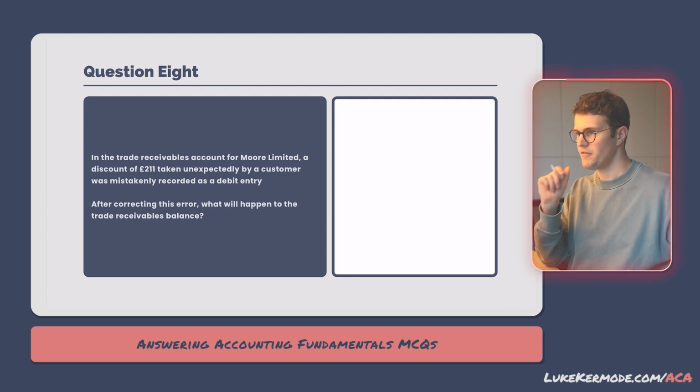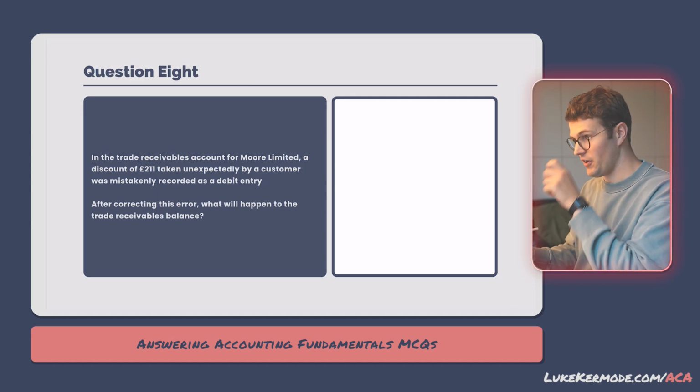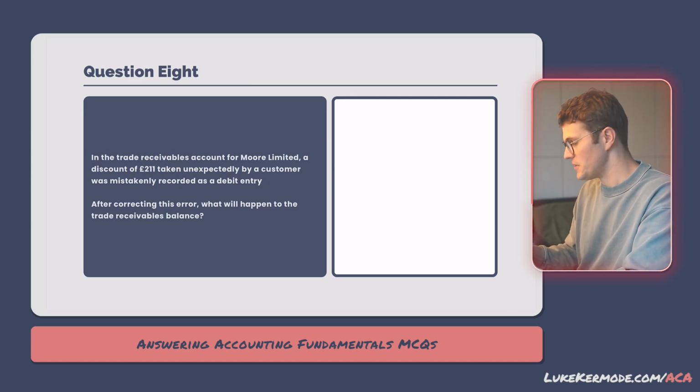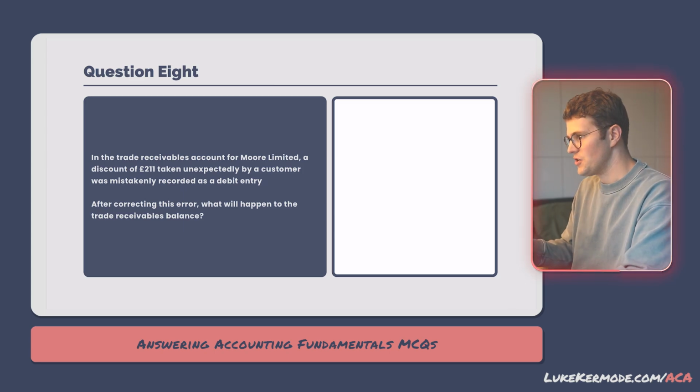So to fix this, we need to follow two steps. First, we need to reverse the incorrect debit by posting a credit of £211. And second, we need to post the correct entry, which is another £211.